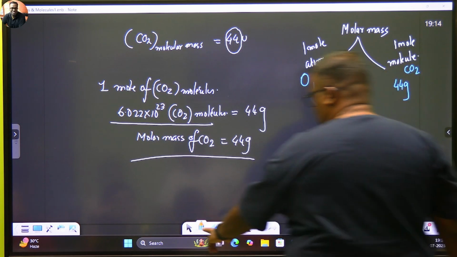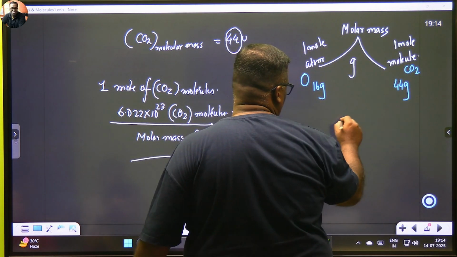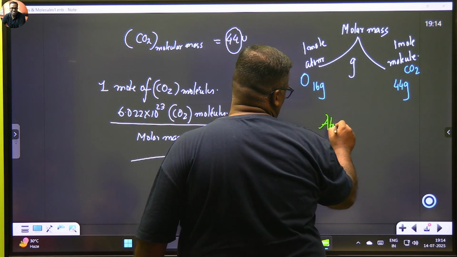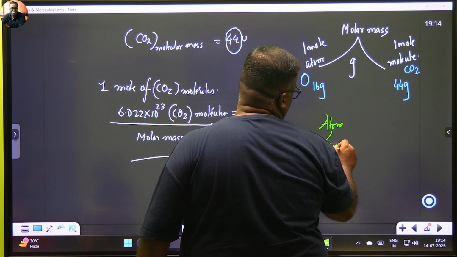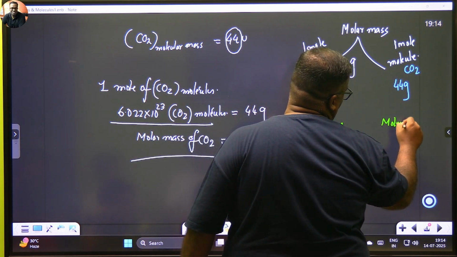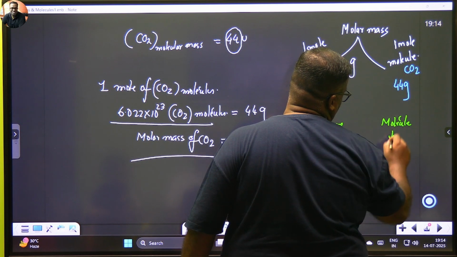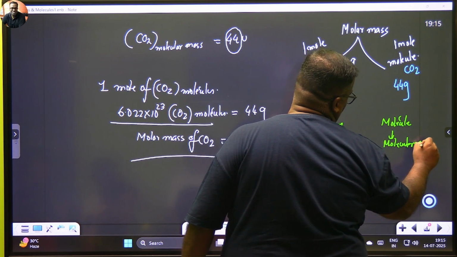Understood? If you want to talk at a tiny level, there are 2 heads. If you are an atom, I will look for your atomic mass. If you are a molecule, I look for your molecular mass.